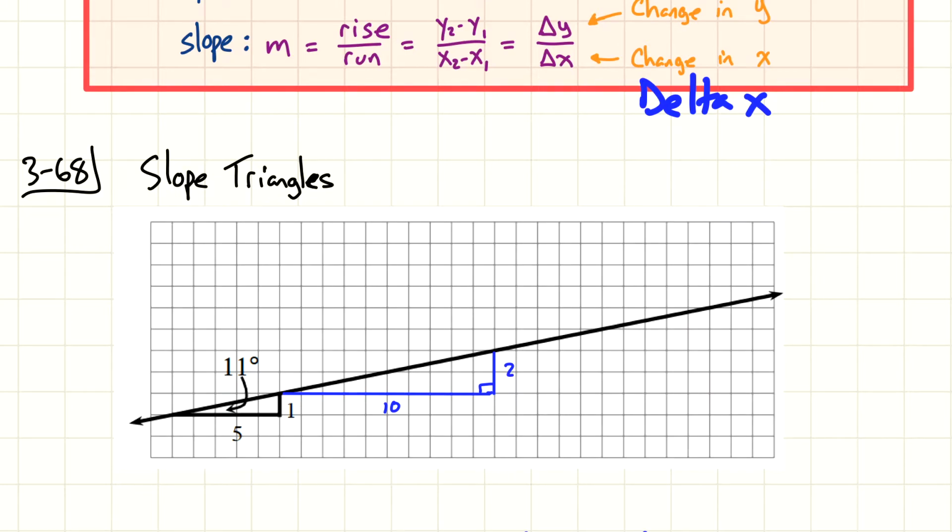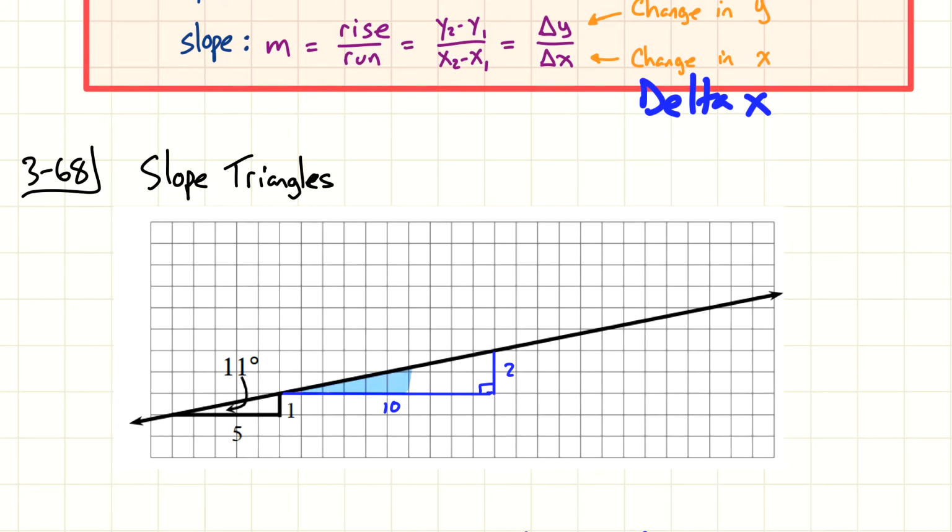So then the question is, well, has that angle changed? So this angle in here, this one is 11 degrees. What's the measurement of this one? Is it still the same? If you're not sure about that, let me see if I could color that in.